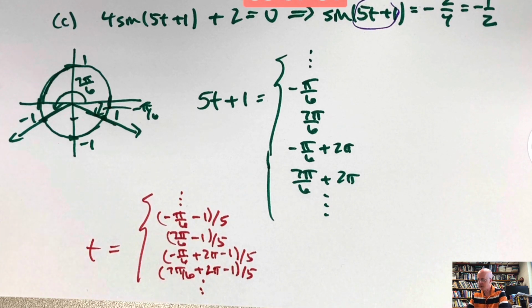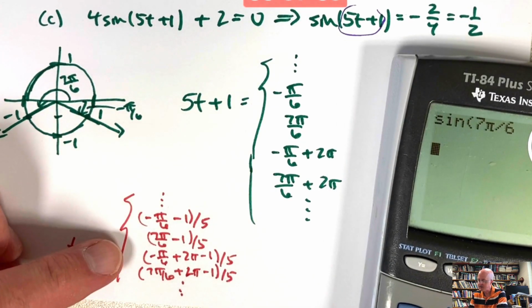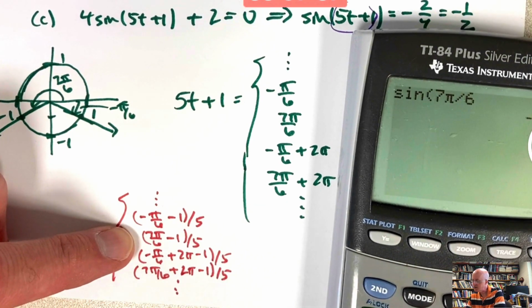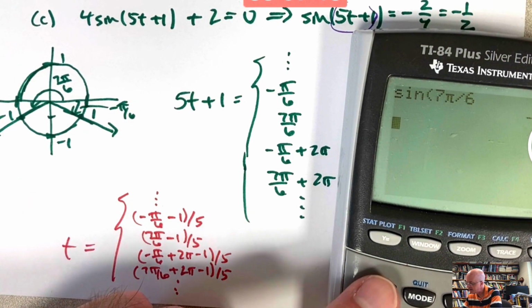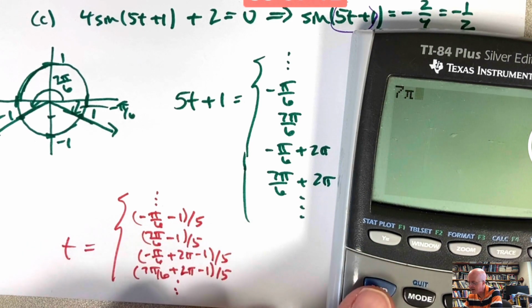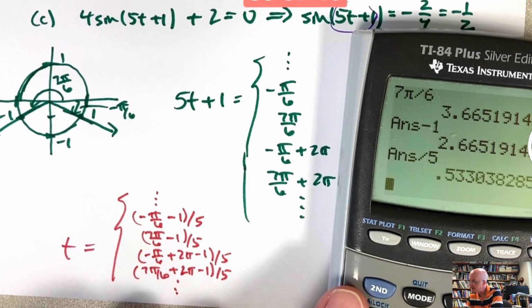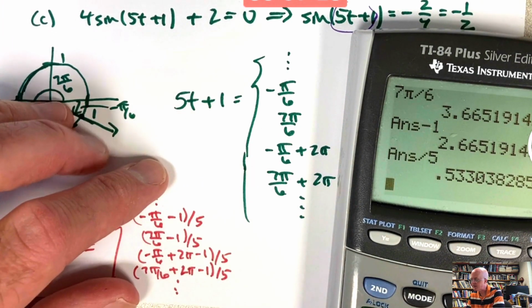Let's just approximate one of them and see if it seems right. Let's try the 7 pi over 6 minus 1 all over 5. 7 pi over 6 minus 1, and divide by 5. It's about 0.533.